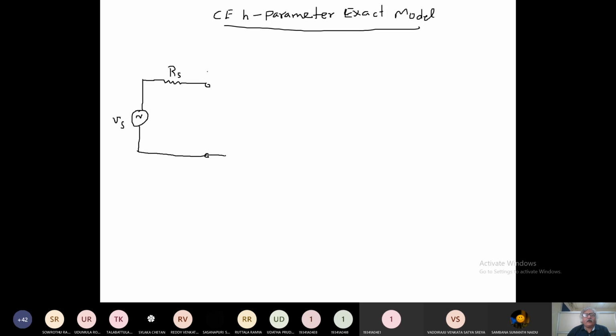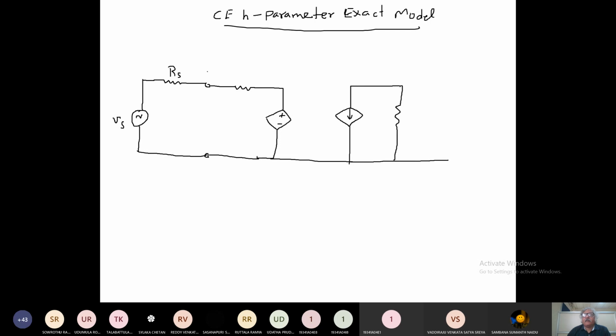This is the base terminal, this is the emitter, and this is the collector.